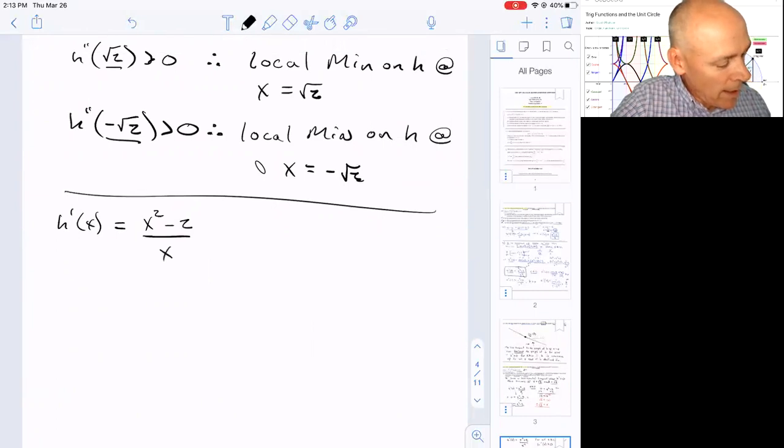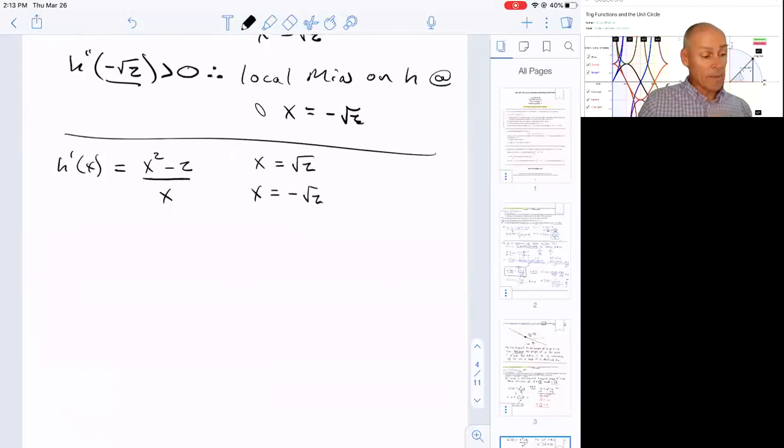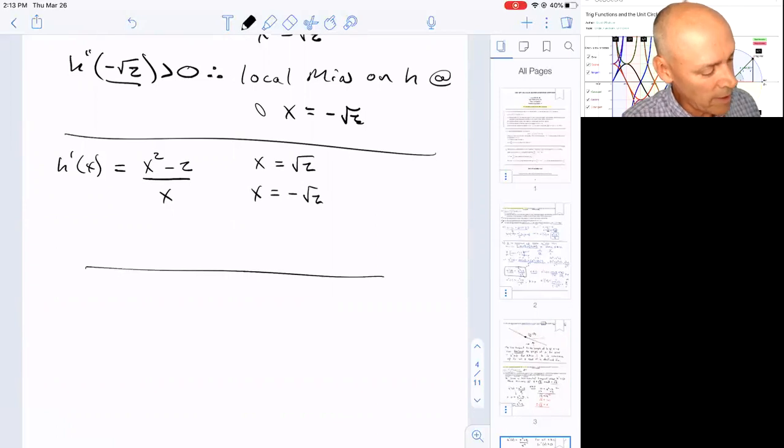And I'm saying that my critical numbers for h are x equals root 2 and x equals negative root 2. What I could do is look at this and maybe have a number line.